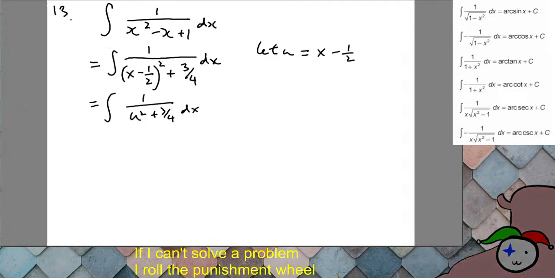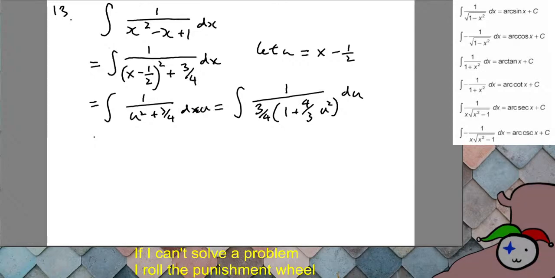So let's turn this 3/4 into 1, that's equal to 1 over 3/4 times 1 plus 4/3 u squared du.